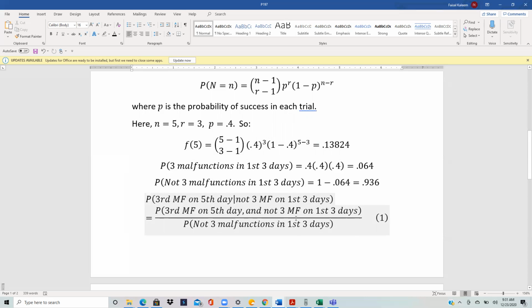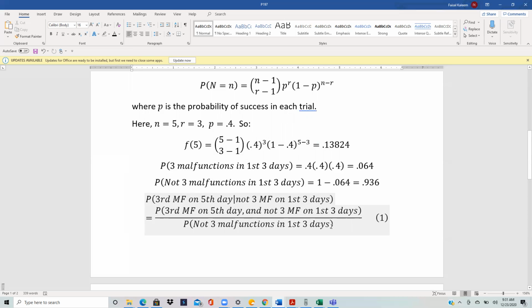So now let's try to understand if this given condition even has any effect on this probability. Not three malfunctions in the first 3 days obviously means that we have 0 or 1 or 2 malfunctions in the first 3 days.